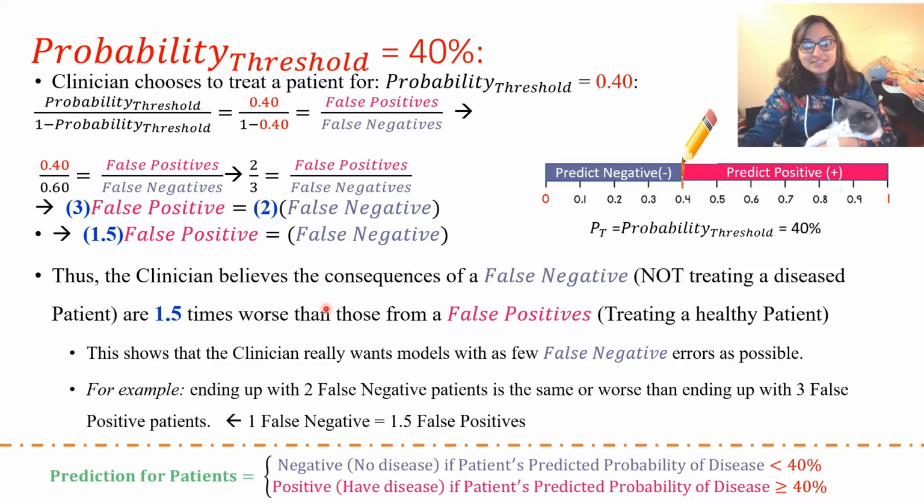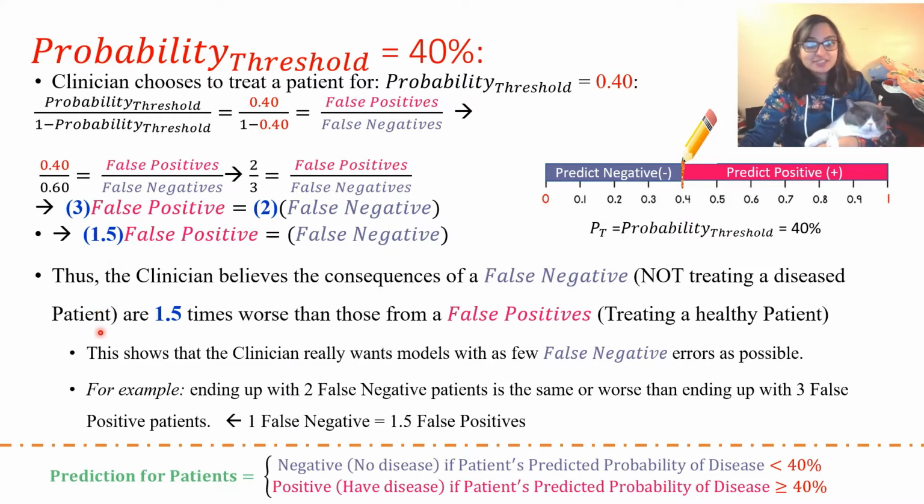So the clinician believes that the consequences of a false negative, not treating a diseased patient, are 1.5 times worse than the consequences of a false positive, treating a healthy patient. So basically, not treating a diseased patient, predicting they don't have the disease when they actually do, and so not treating them, is 1.5 times worse than unnecessarily treating someone who doesn't have the disease.